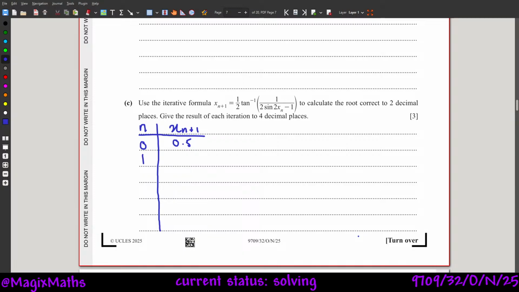In our first iteration, we will have 0.4858.